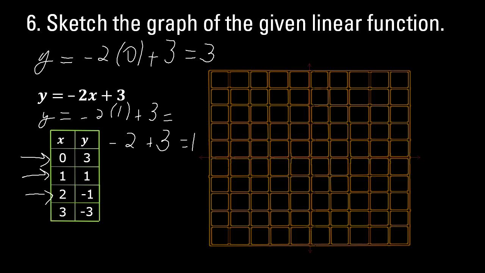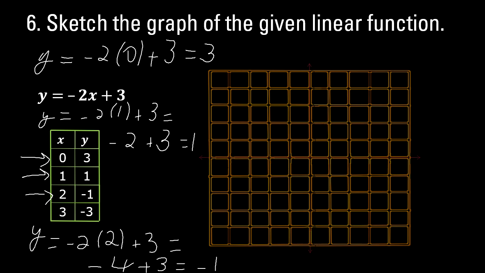Let's do another one. When x is 2, y equal -2, so we're just replacing x, times 2 plus 3, so that's -4 plus 3, that's -1. And this is how we got these values.